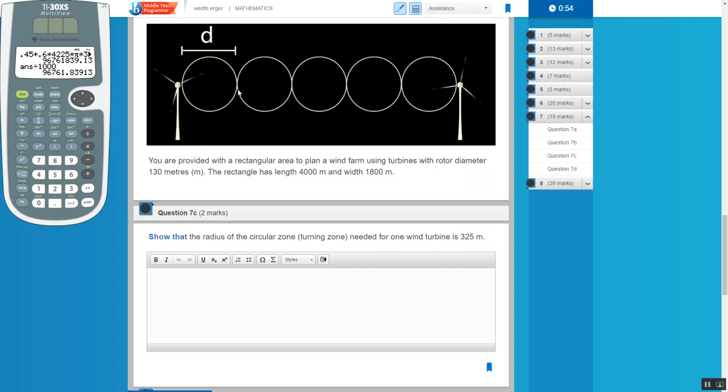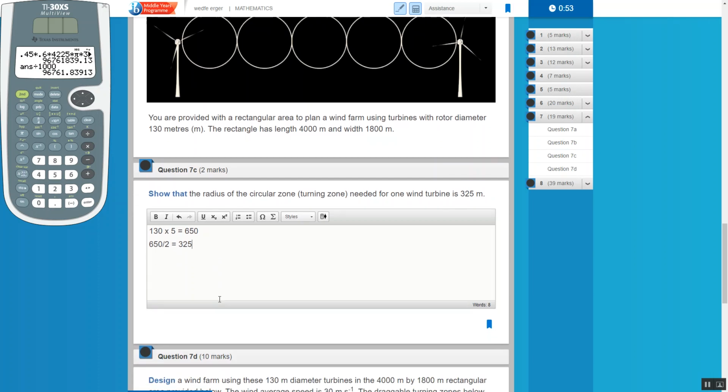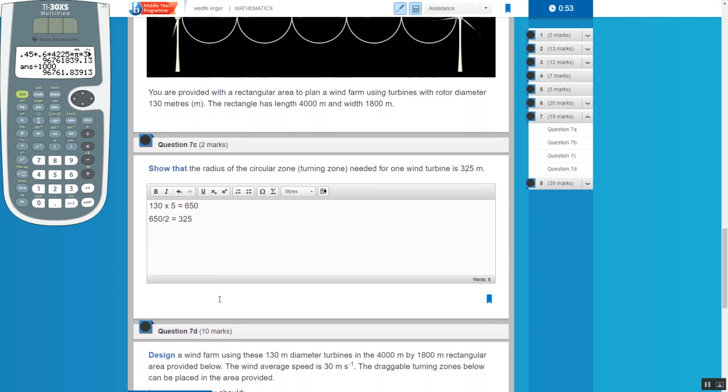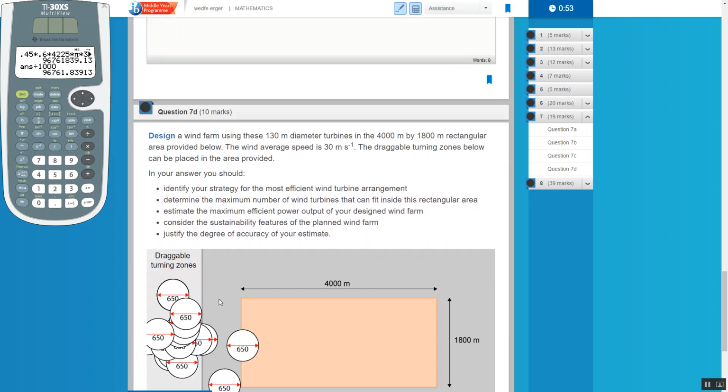Alright, so if the rotor diameter is 130, I've got 5 of them, so that gives me 650. And then the radius is half the diameter. There we go, 325.